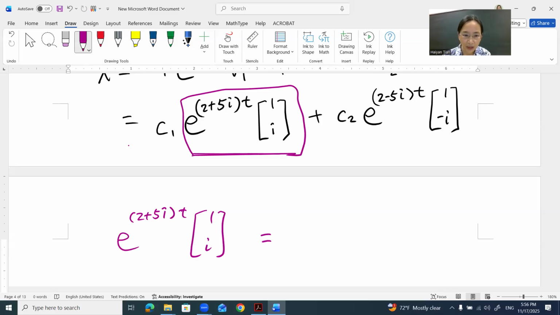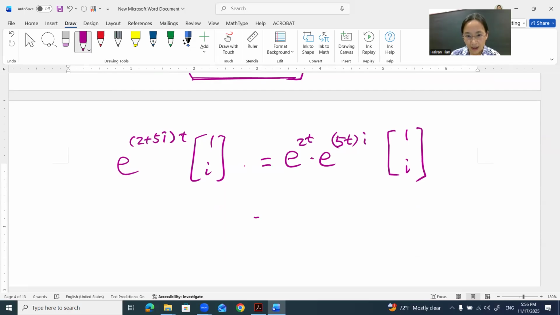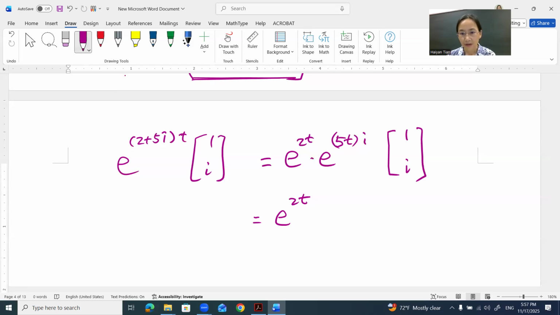We can write e to the 2t times e to the 5i t, so basically it's 5t with an imaginary unit i, and then the vector (1, i). The e to the 2t we keep as is, but this other part, by Euler's formula, we can write as cosine 5t plus i sine 5t.